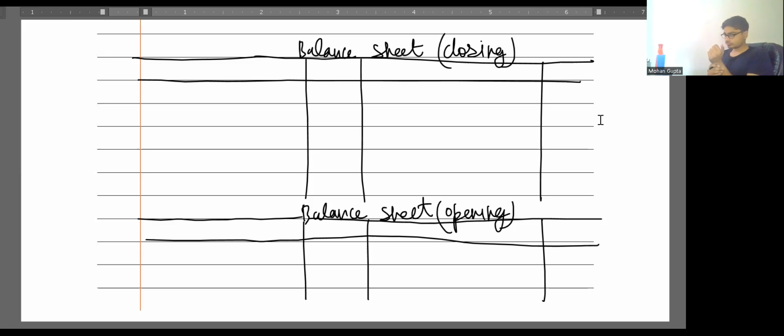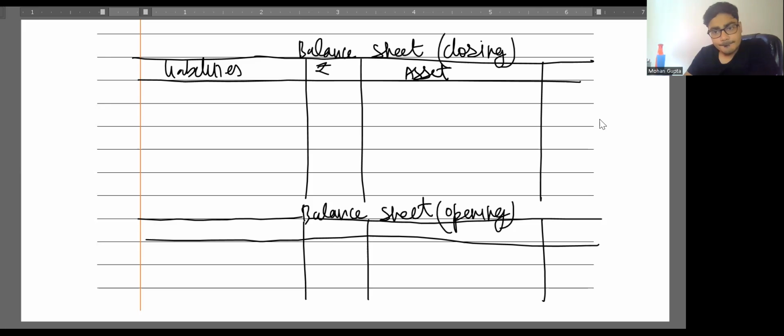Do we consider interest as an asset? Interest is an income. Accrued interest is an asset. Subscription in advance, is that an asset?